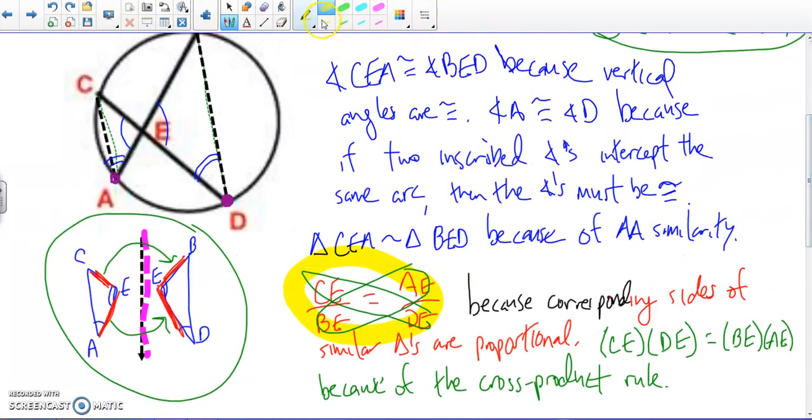And what that tells me, if I look back at the picture, the rule that you're going to need on your video today, on your homework check, is that CE times DE equals AE times BE. So what we're going to do is multiply right along each chord to find what the missing values would be. And I'll tell you a nice way to remember that next time.